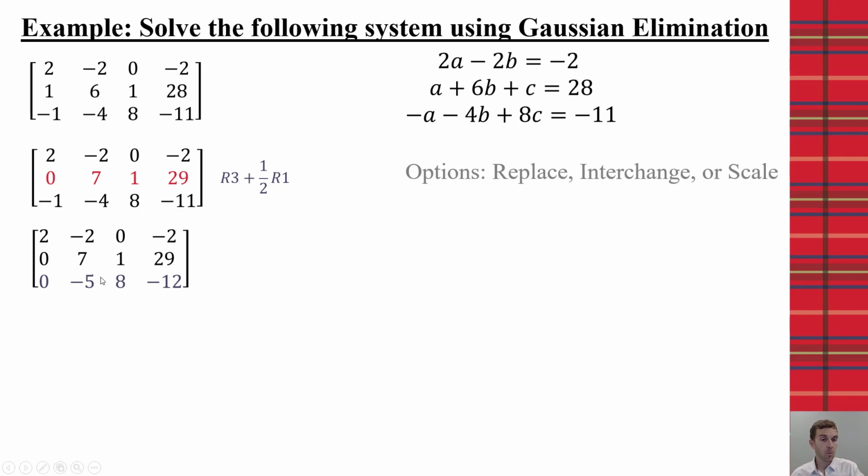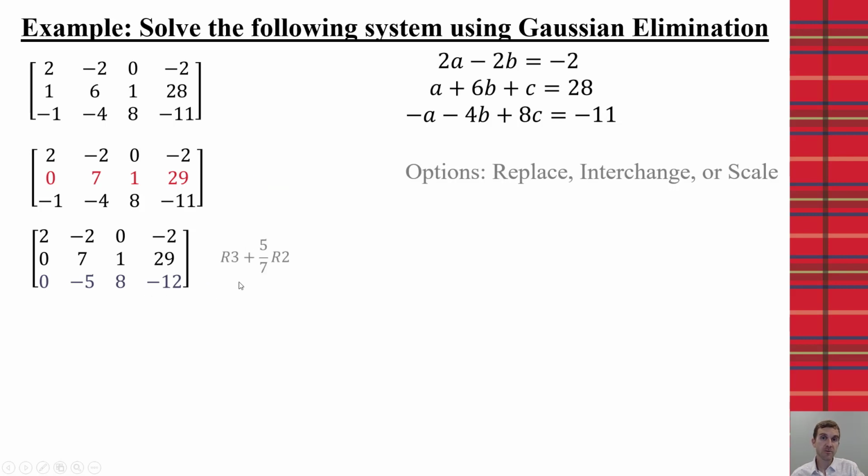Now I need one more value so that I can get my row echelon form, which is, in this case, the negative 5 needs to be removed. So I'm going to use replacement between the 7 and the negative 5. Sometimes I have to use fractions to make this work. Since they're negatives, I just need to multiply my second row by 5/7 and add it to my third row.